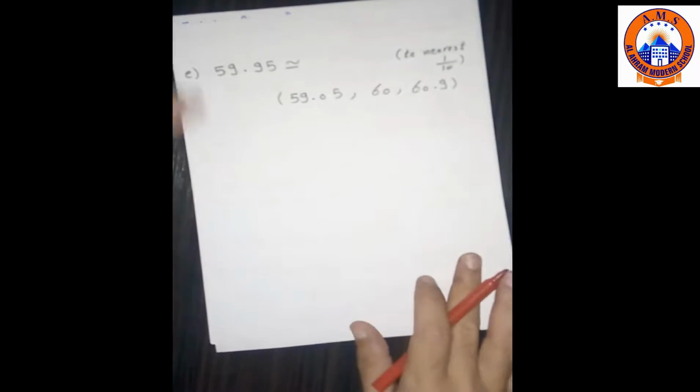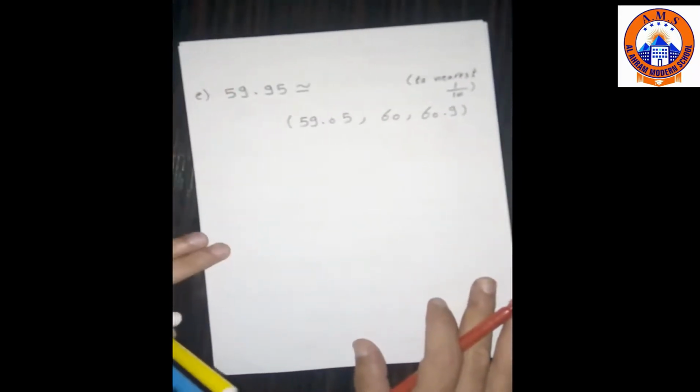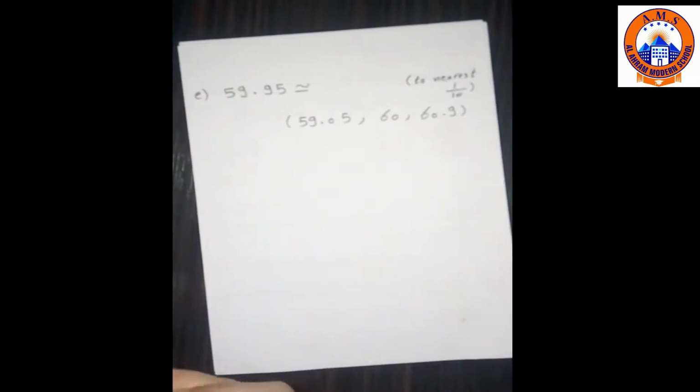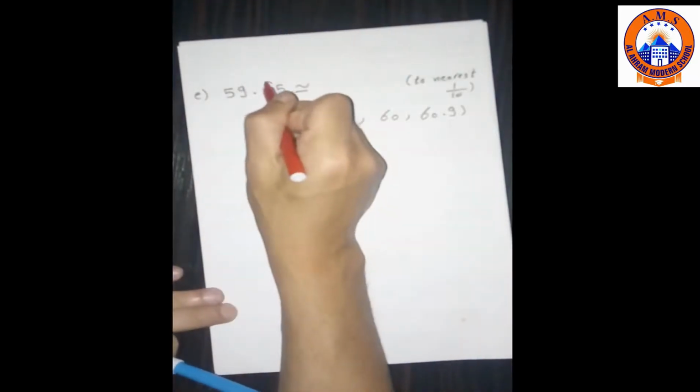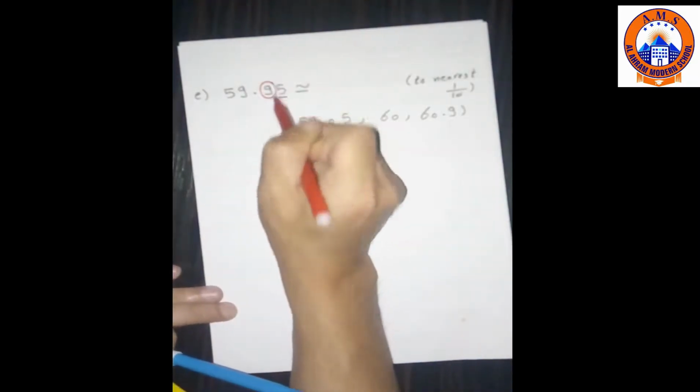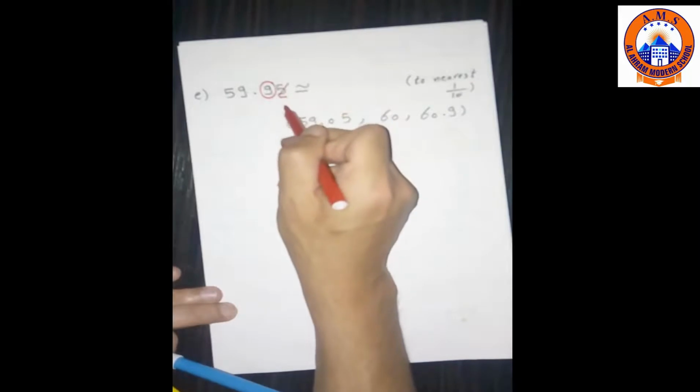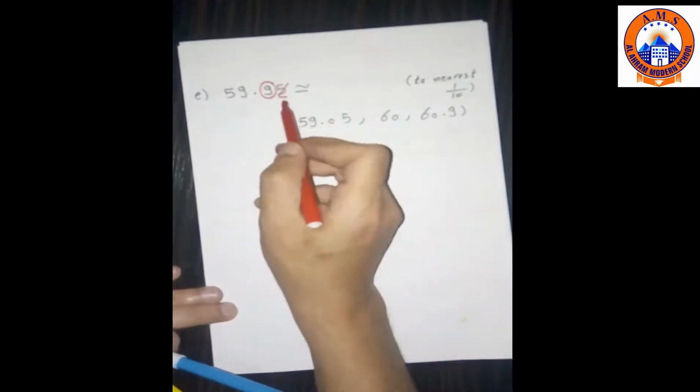Last question in choose. We have 59.95, and we want to approximate it to the nearest tenth. The tenth digit here is the 9, and the following digit is 5. The following digit turns into 0. This 5 is a strong number.